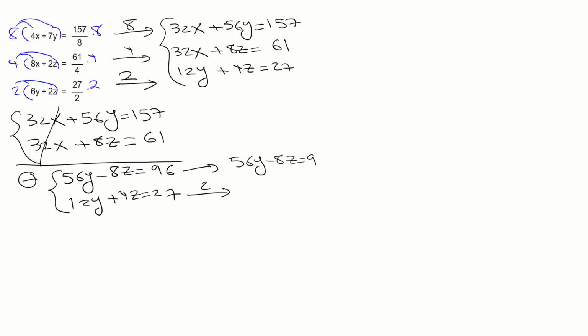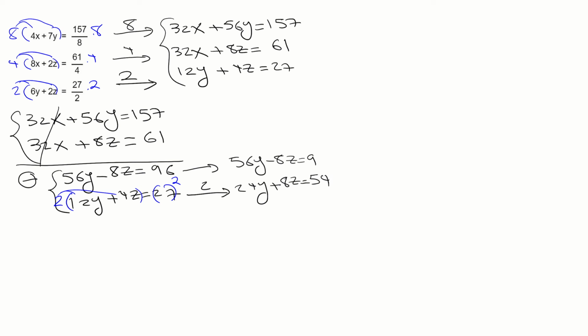So we're going to multiply 2 on the left side and also 2 on the right side. And here we distribute. So we end up with 24y plus 8z is equal to 54.